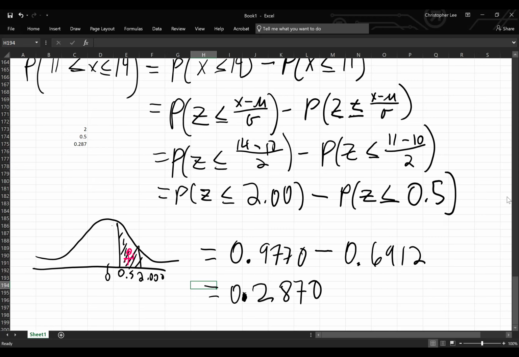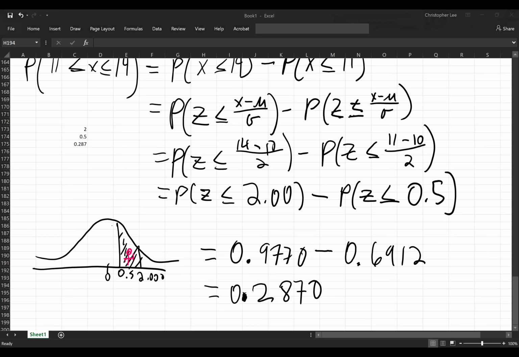We good? All right. Does anybody need to see this in the calculator or we can move on?